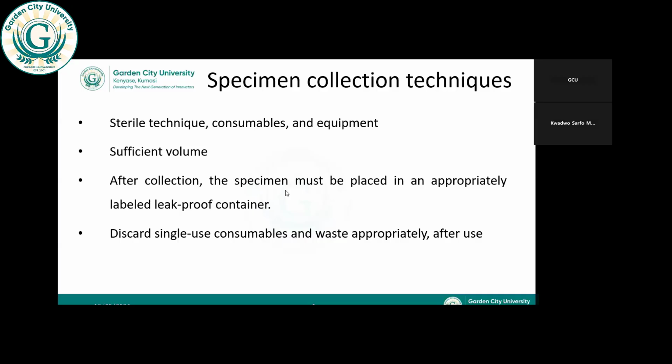If it is a blood sample, we don't expect the blood sample to be collected in... and then labeled.